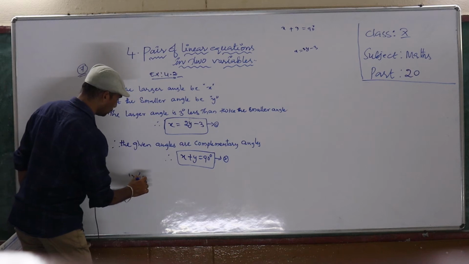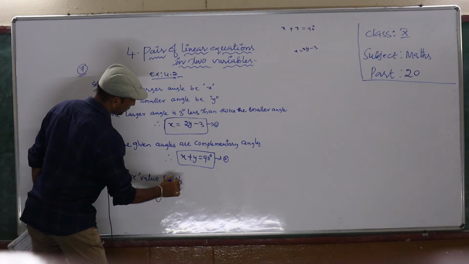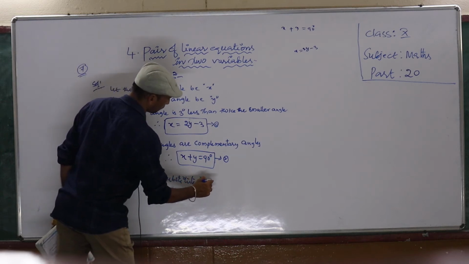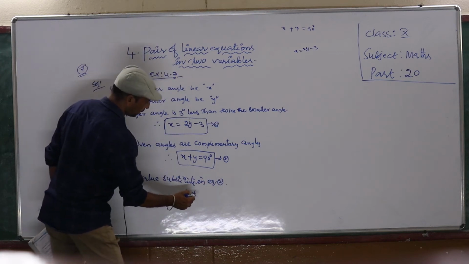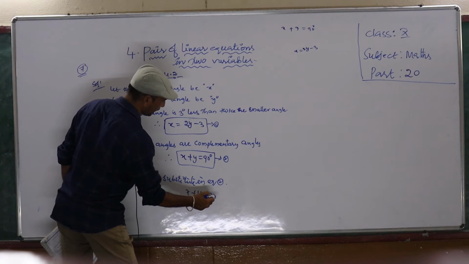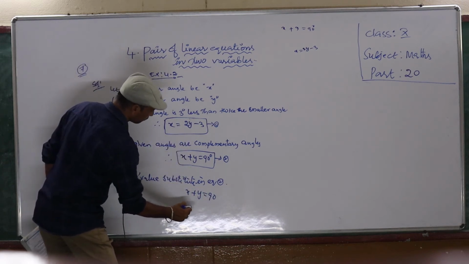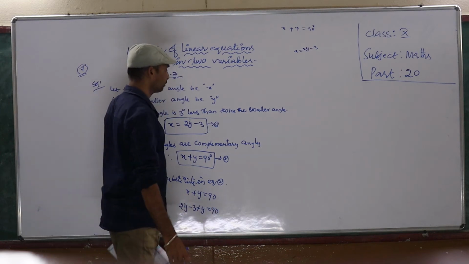Substitute the x value in equation number 2. So equation number 2, x plus y is equal to 90. Then x value, 2y minus 3 plus y is equal to 90.